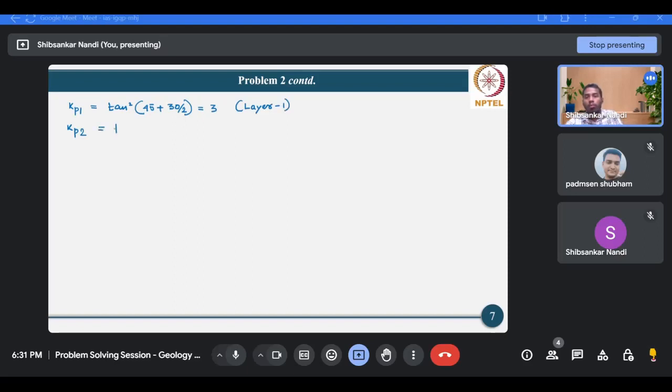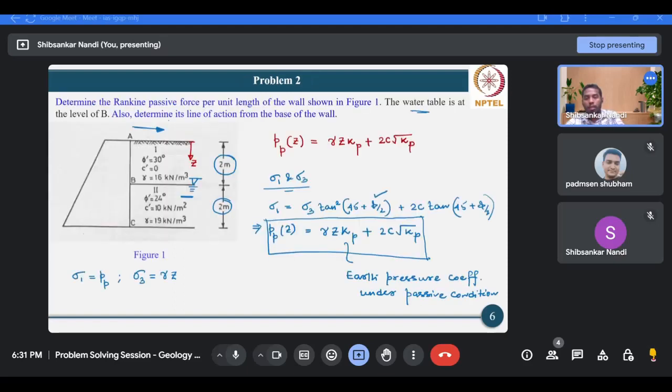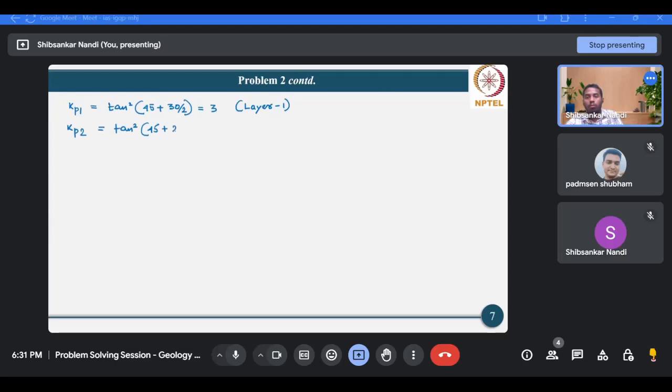And Kp2 is tan square 45 plus 24 by 2. So it's 2.37.